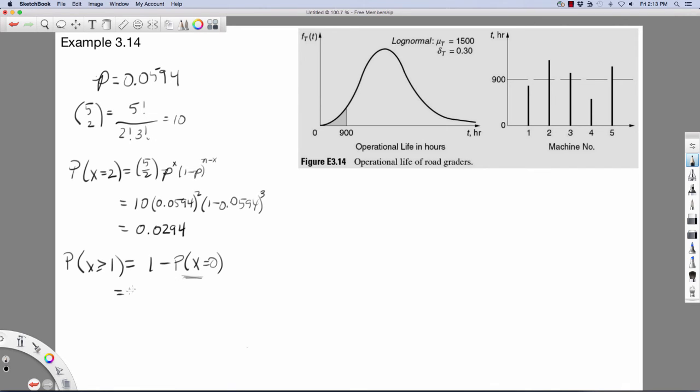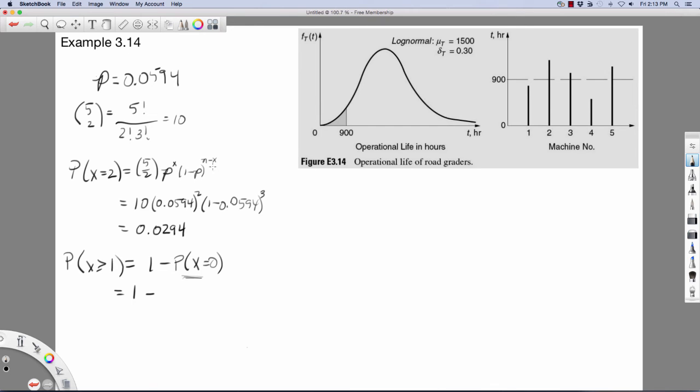So we say 1 minus, now this is going to be the binomial coefficient of 5 over 0, in this case, times the probability raised to 0. So this is going to be 1, this is going to be 1, times 1 minus the probability raised to n minus 0, which is 5 minus 0 for this problem, which is 5.